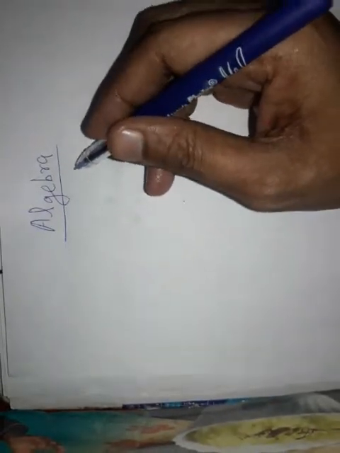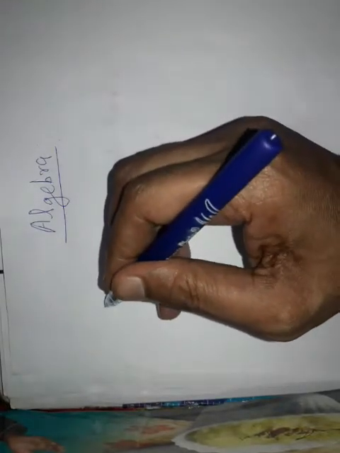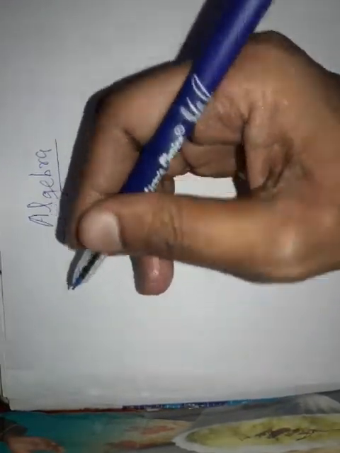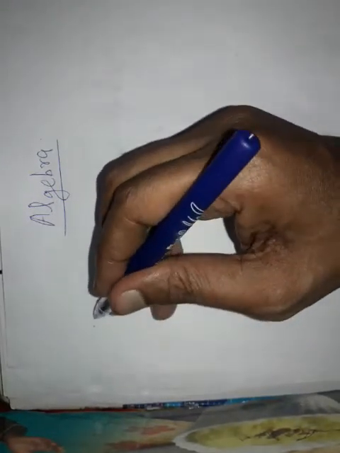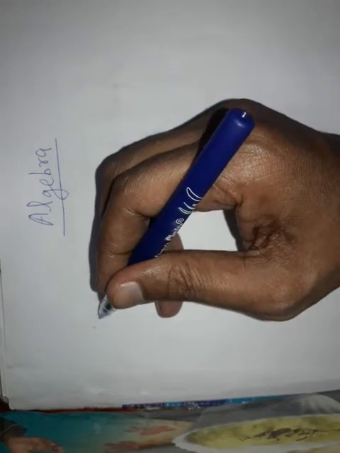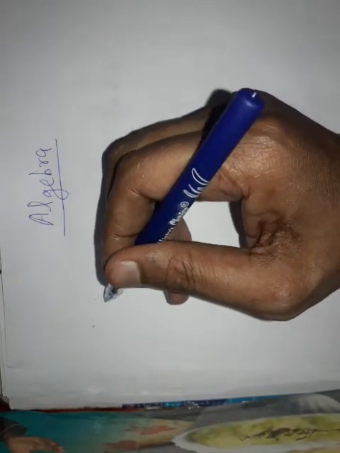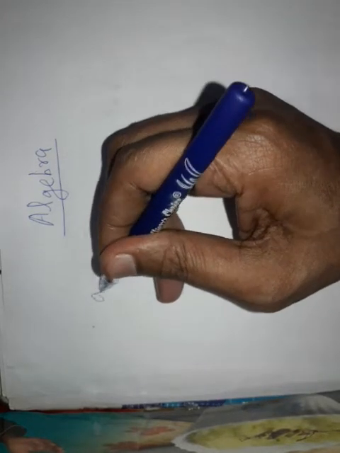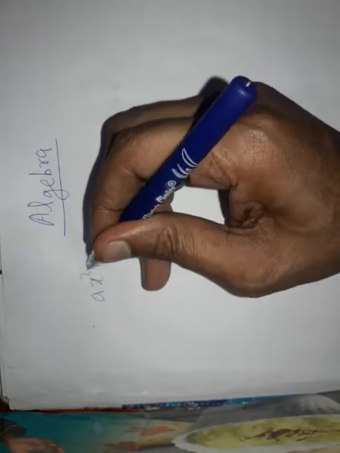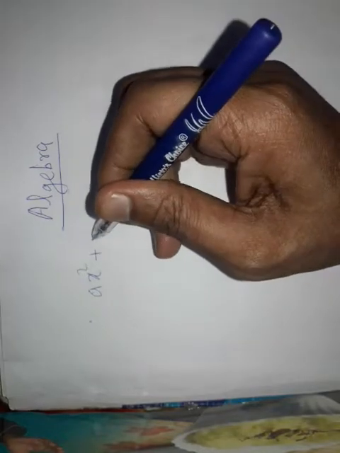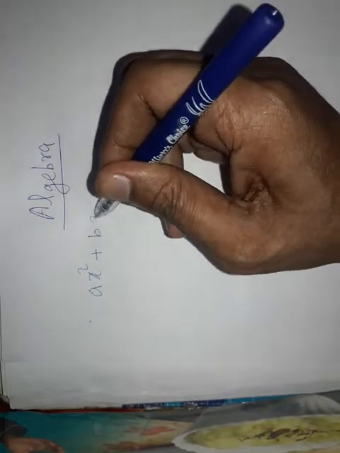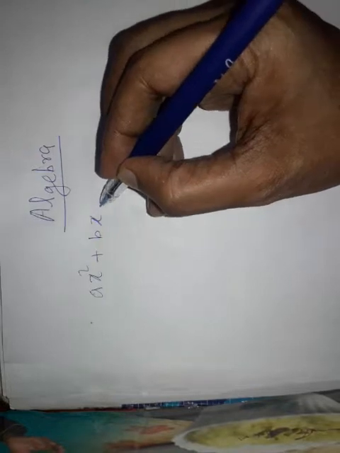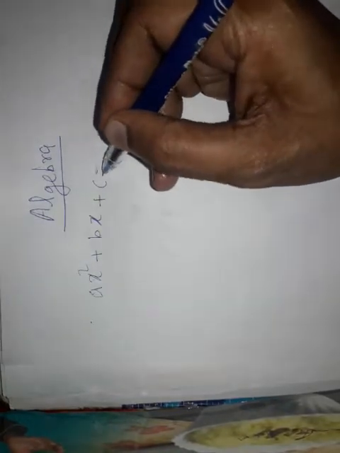In this branch of mathematics we will study about quadratic equations. You know very well, this is the form of quadratic equation: ax square plus bx plus c equal to 0.